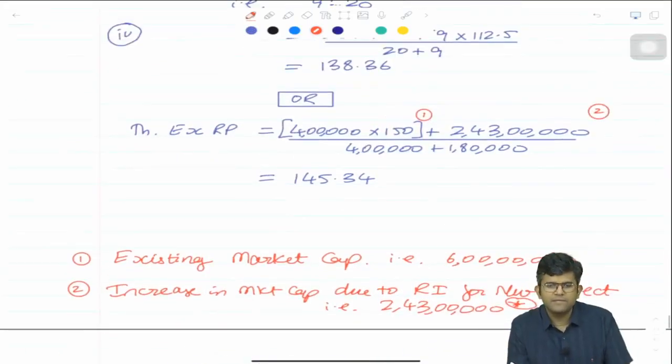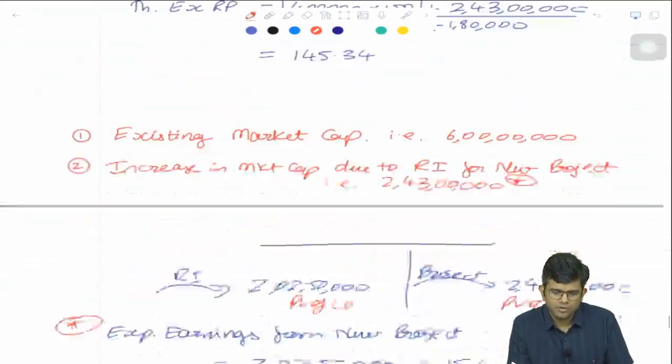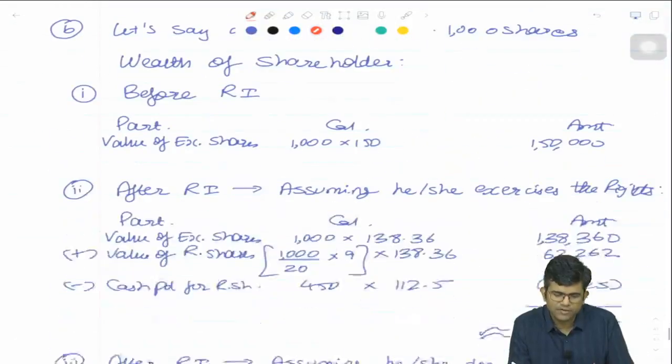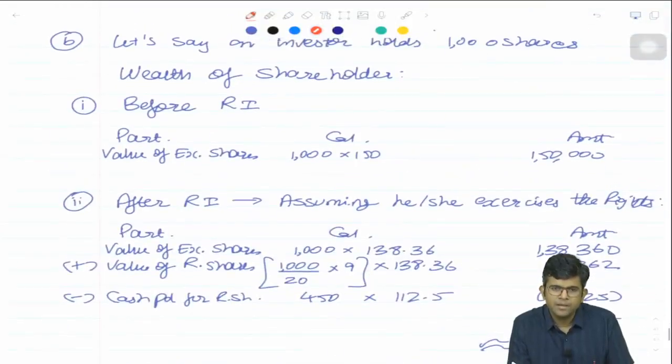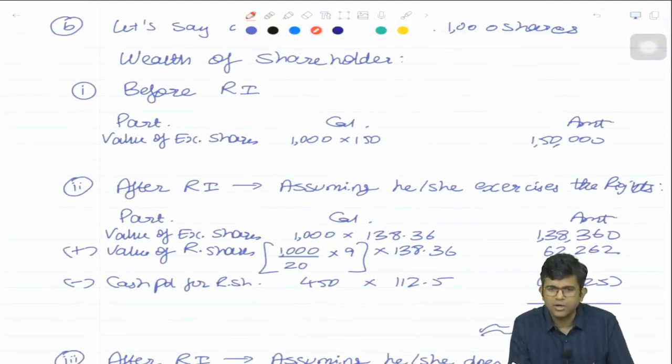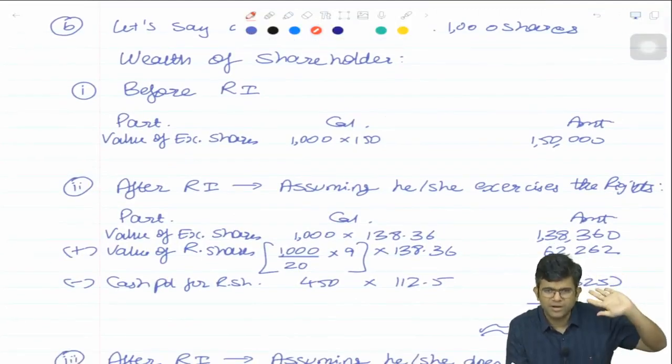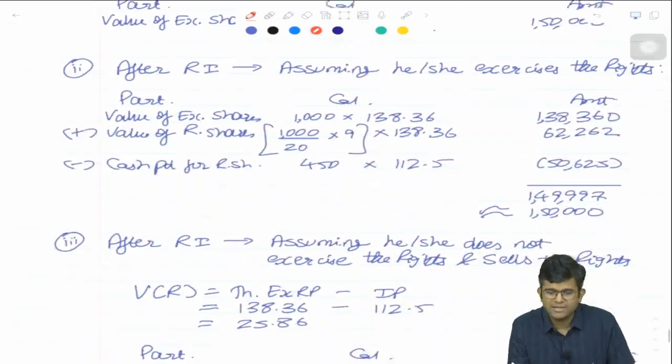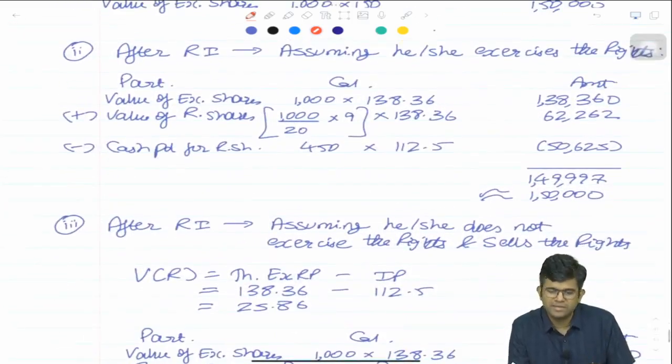Ready everyone? Clear? 145.34. So then students, it will have a spiral effect on everything. Now please pay attention here. Do you realize that the value of existing shares 1,50,000 is not going to change when I am talking of before rights issue? After rights issue, students, wherever we have put 138.36, all those places we will have to replace with 145.34.